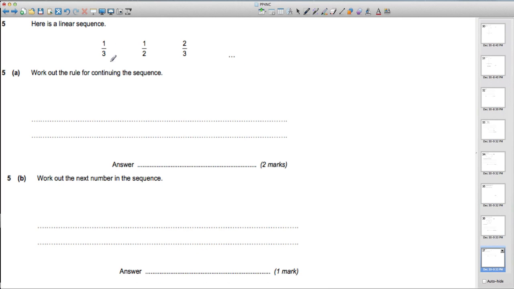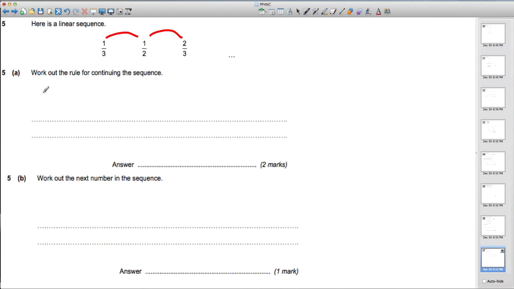Question 5. Here's a linear sequence. Work out the rule for getting from one to the other. A third, a half, 2/3, etc. How do you get from one to the other? As it's linear, you know it must go up by a constant amount.